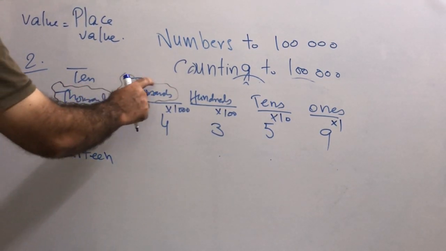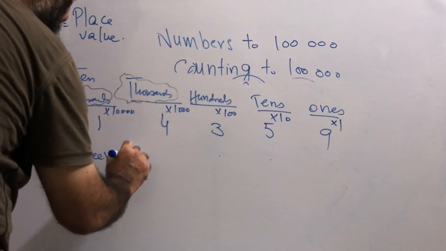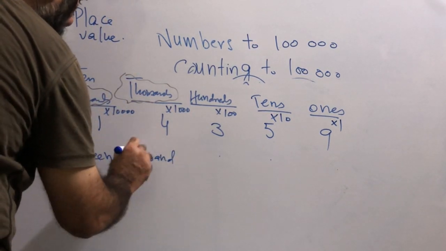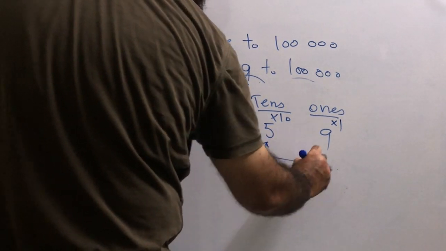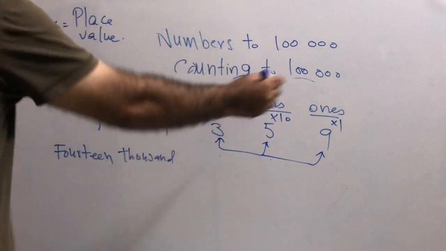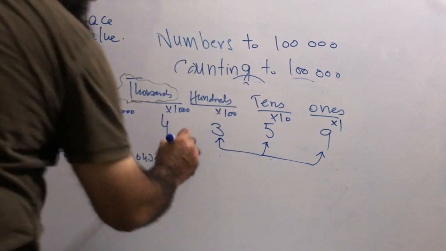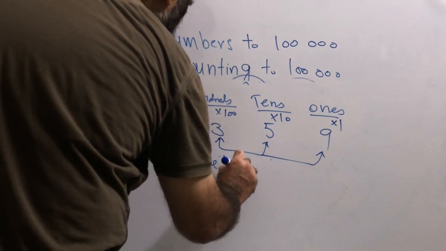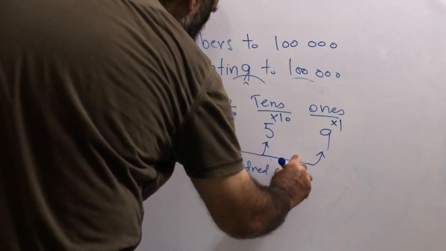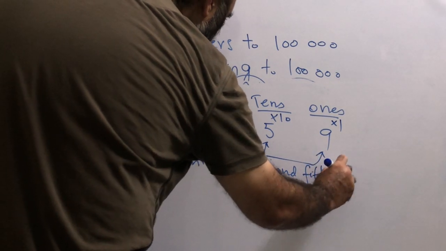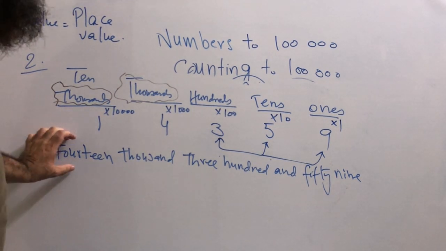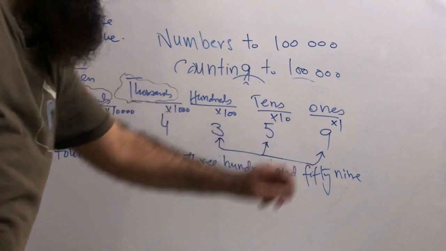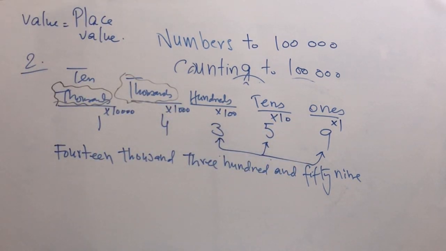Here it is 1000, here it is 1000 common. We will take this 1000 one time. 14,000. Okay. Then we will combine these three. 359, you know it is 359. So we'll write 359. So we can write or spell in English like 14,359.